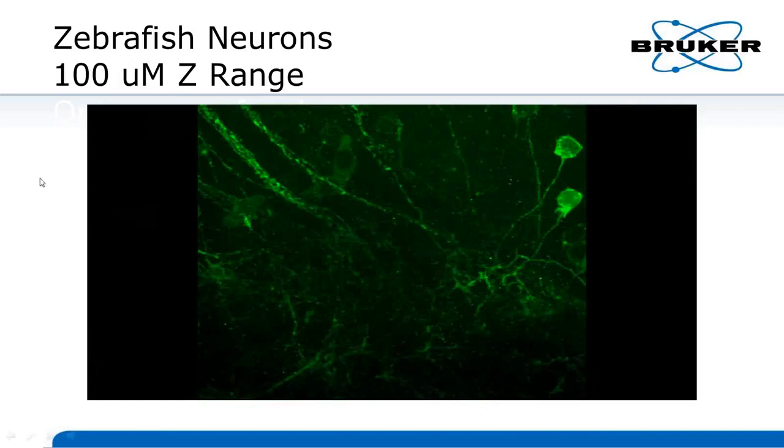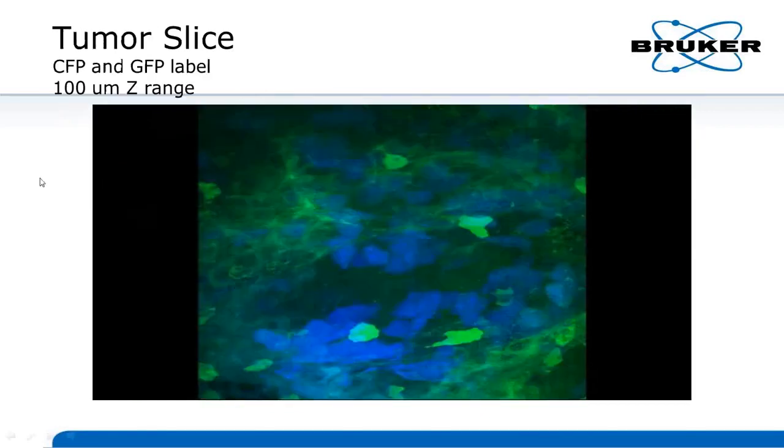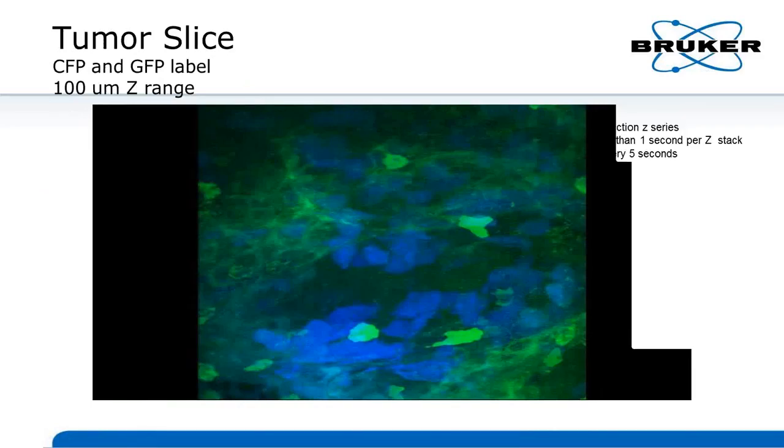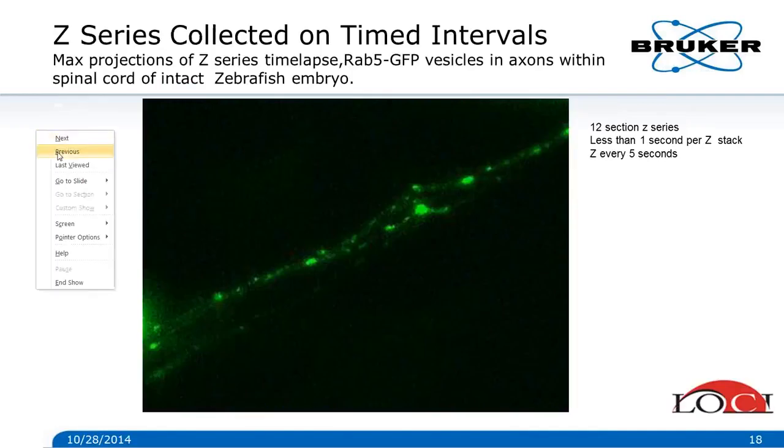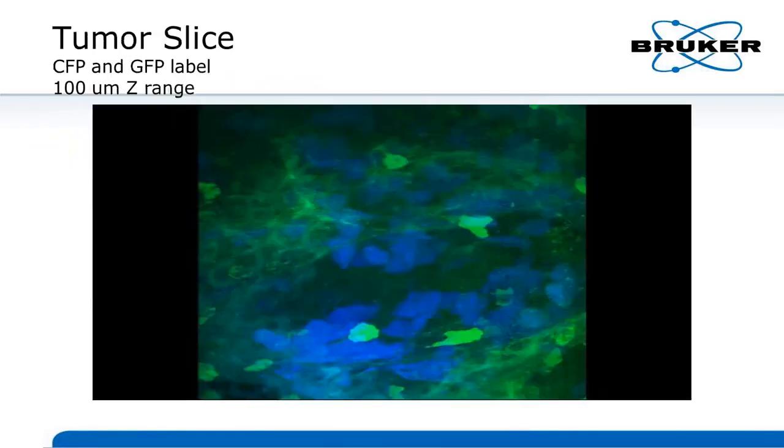The next example is a little bit more challenging specimen. This is a tumor slice that was labeled with CFP and GFP for another kind of application. I was able to get some slices from the investigator that was doing these experiments.